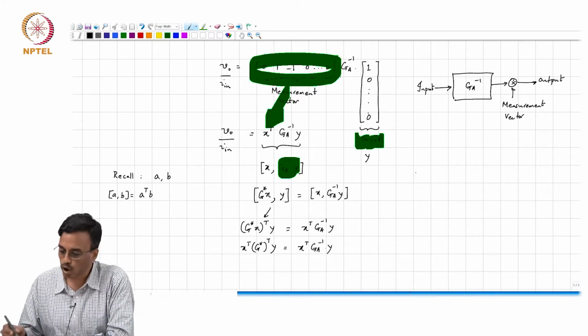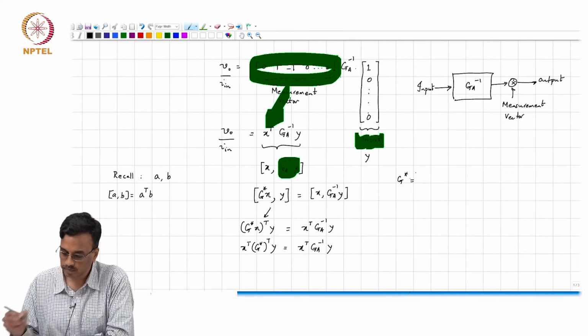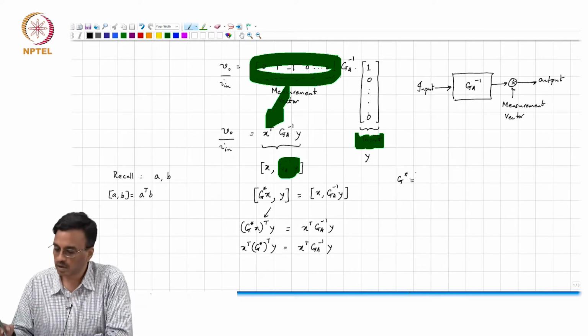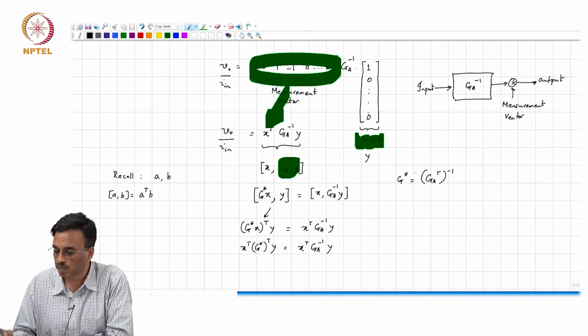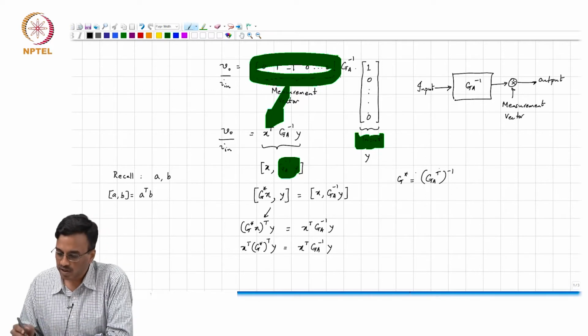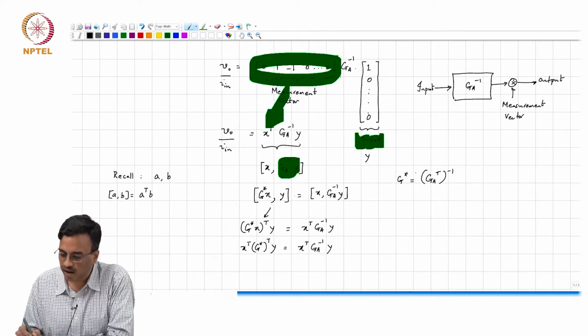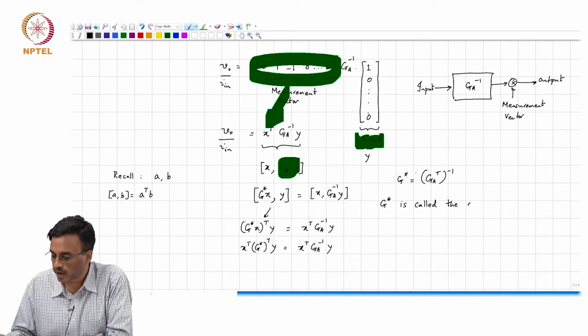So, what comment can we make about G star? It is GA transpose inverse, or inverse transpose, it does not matter. In mathematics this G star is called the adjoint operator.